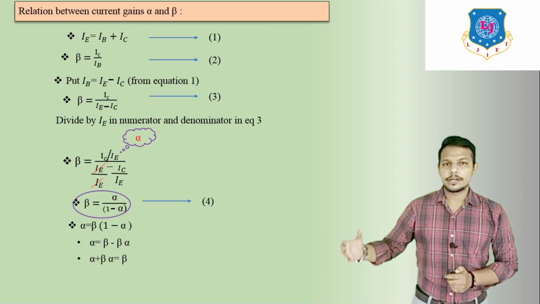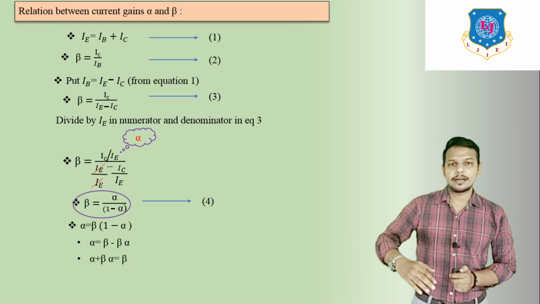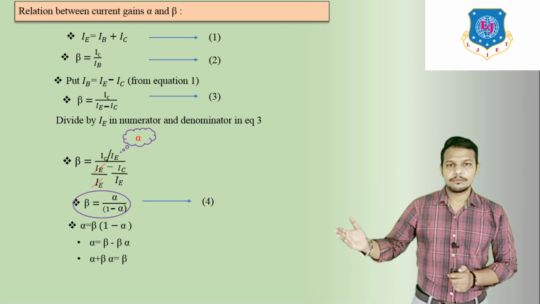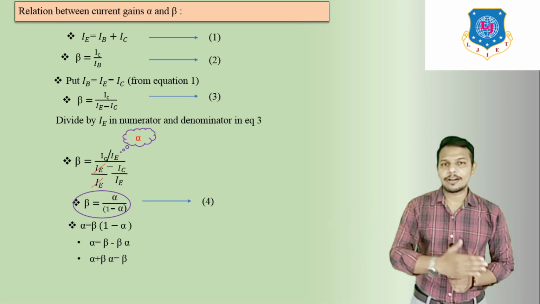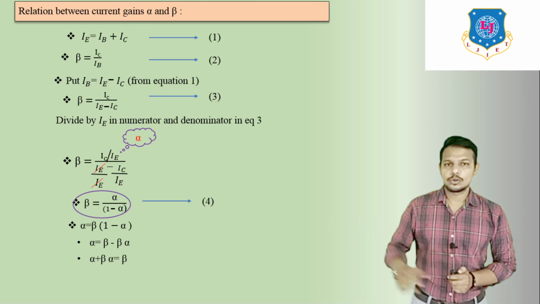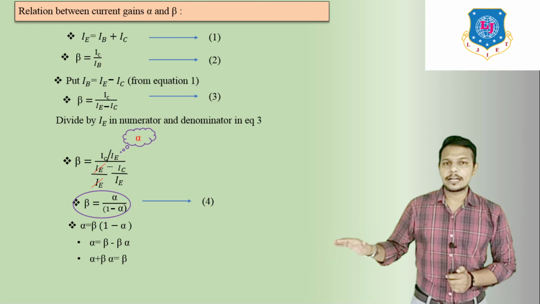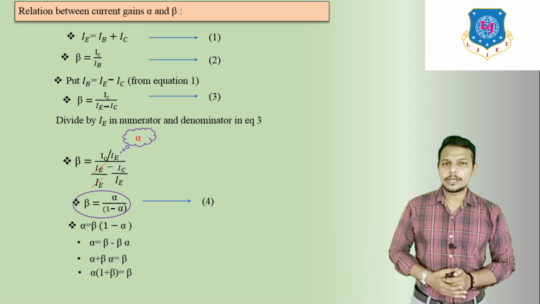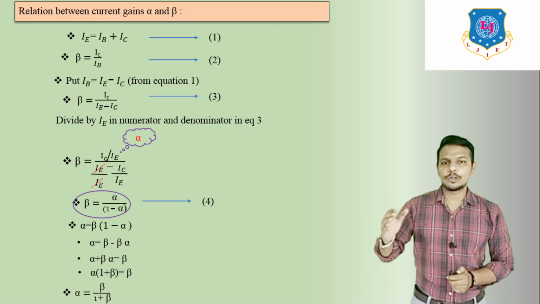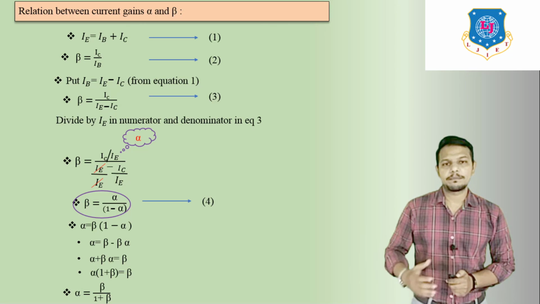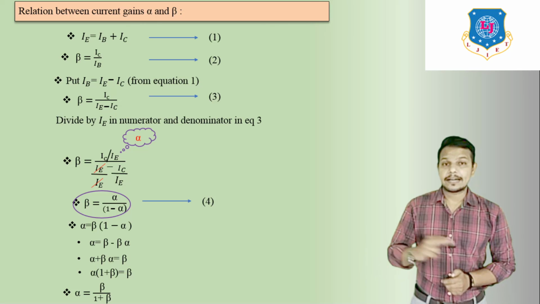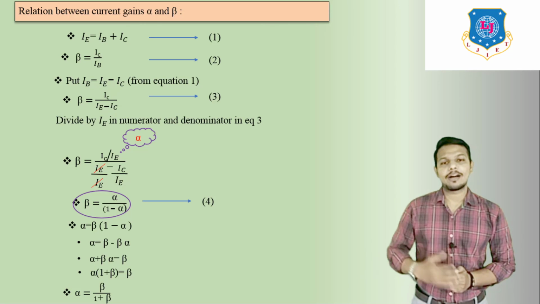Now beta alpha goes with the alpha, that means alpha plus beta alpha is equal to beta. From this equation we take alpha common, so it becomes alpha in bracket 1 plus beta is equal to beta. So we can write alpha is equal to beta upon 1 plus beta. This is the second relationship between alpha and beta.